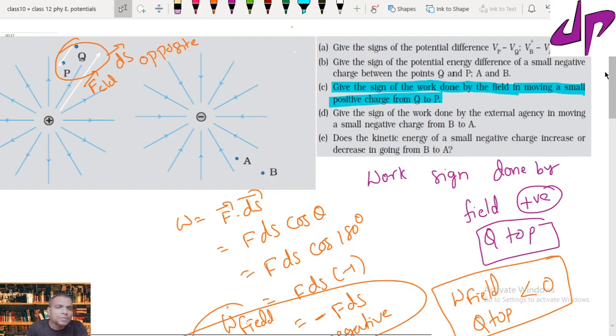Other than this method, you can find another way.